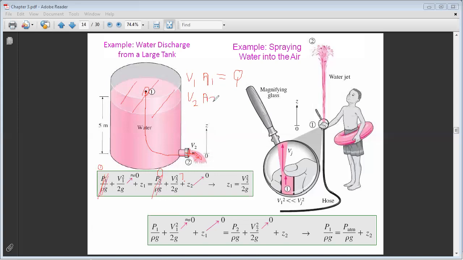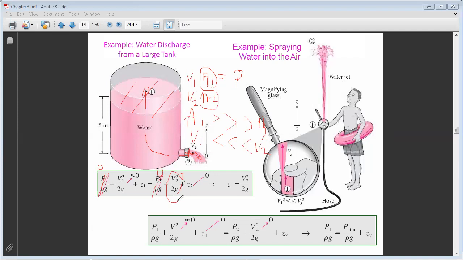Since A1 is much larger than A2, and A1 V1 is equal to V2 A2, we can say that V1 is much smaller compared to V2. So we can neglect the term V1 square over 2g compared to V2 square over 2g.